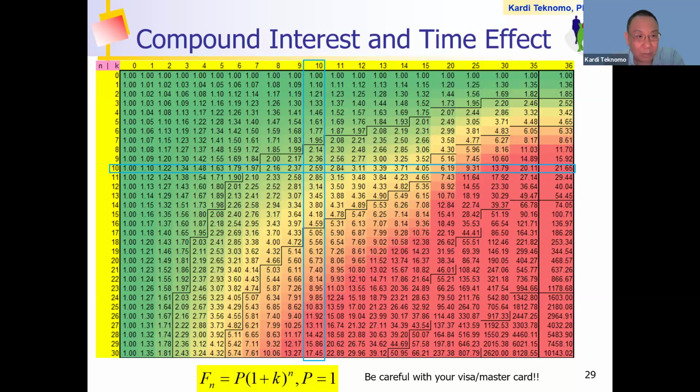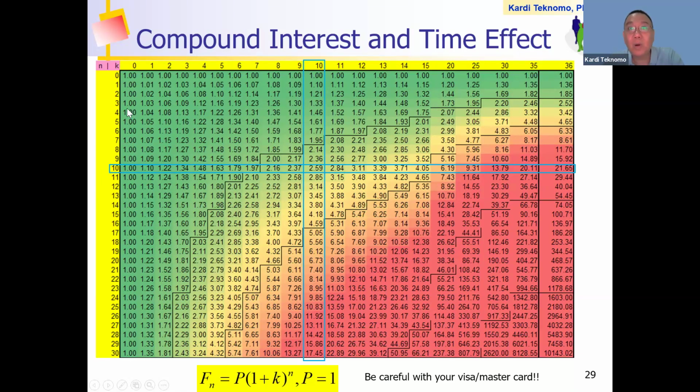I put 10 years here and then 10% here in blue. If you borrow without interest, without time, you will get 1. If you see here, the first column is all 1.